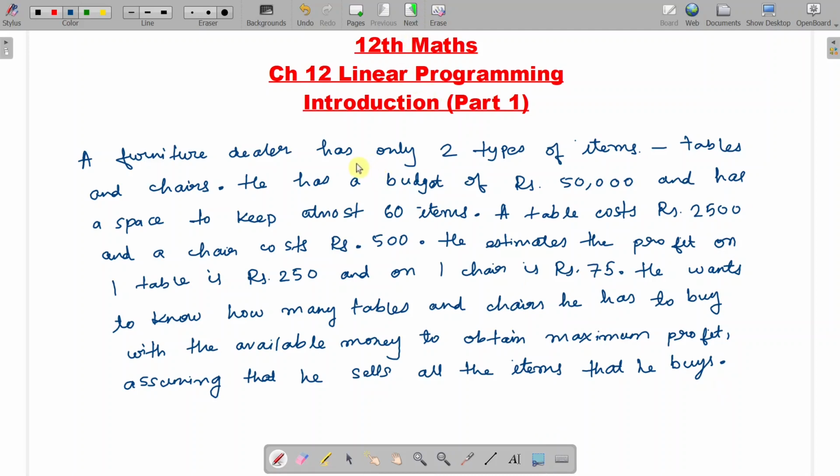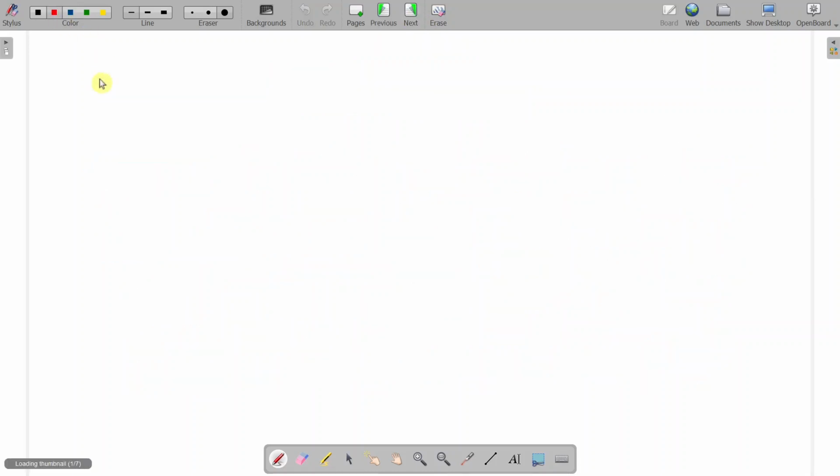Now this type of problems wherein we have to maximize the profit or minimize the cost are special type of problems called optimization problems. Okay, so we will define optimization problems.